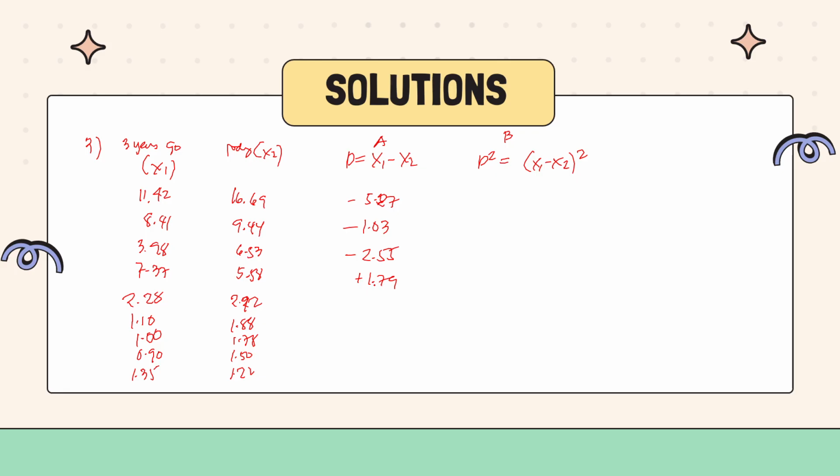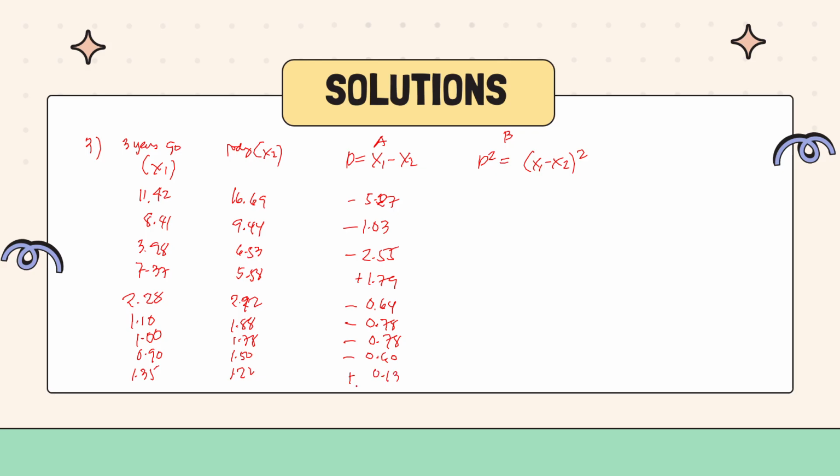Then 2.28 minus 2.92 is negative 0.64. 1.10 minus 1.88 is negative 0.78. 1.1 minus 1.78 is negative 0.78. Then 0.9 minus 1.50 is negative 0.60. And 1.35 minus 1.22 is positive 0.13.